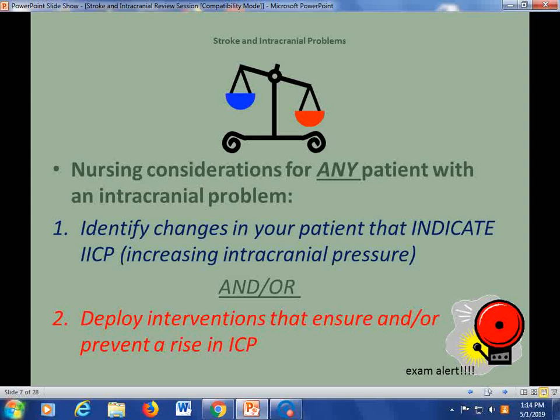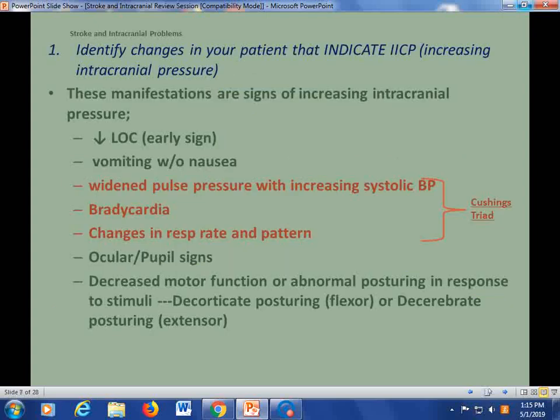Because if I have to manage the intracranial pressure, then I have got to figure out how to ensure that either it doesn't go up, or once it has increased, I use measures that will bring it down. And I've put this little alarm bell right here because this is what Dr. Reed's going to test you on. These are the important considerations, and you're going to learn how to do this as we go through this review session.